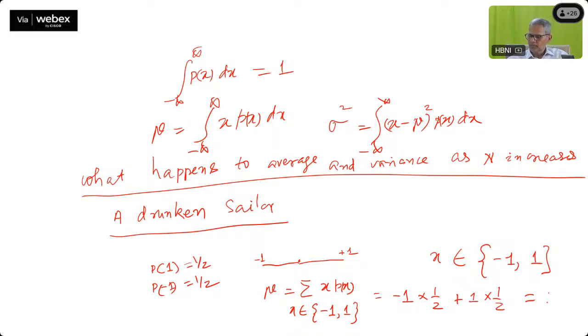So this is 0. On average, he goes a distance of 0. So on average he is not going anywhere.